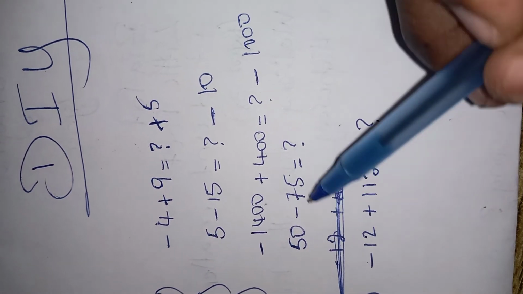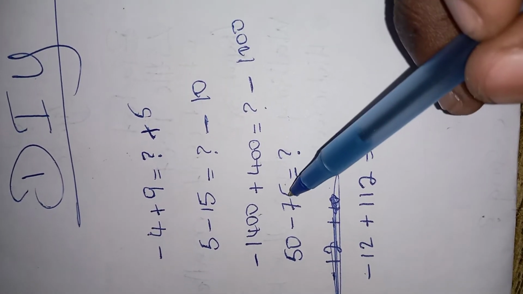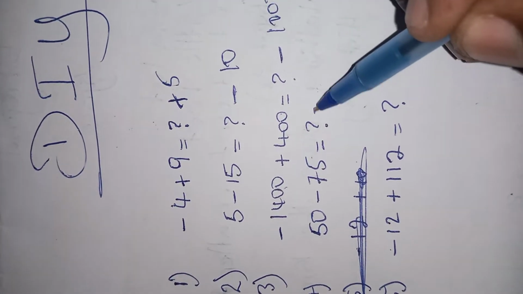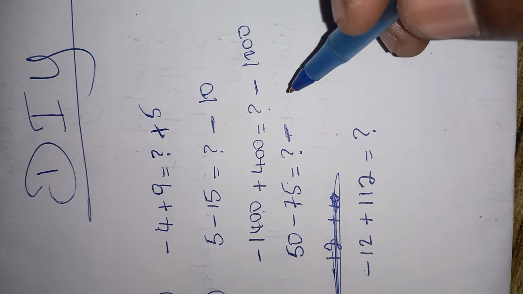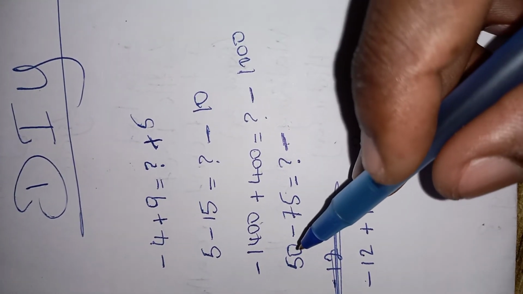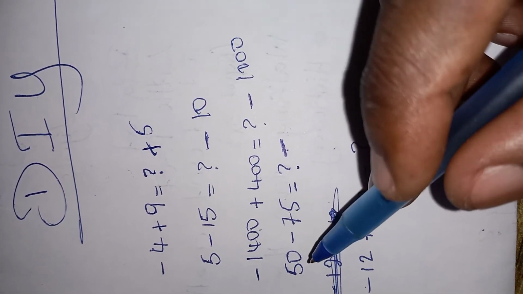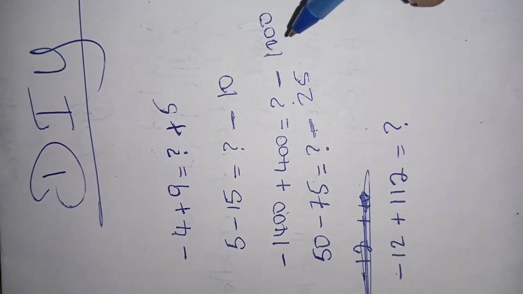Now, what sign is the answer going to carry? Definitely going to carry a negative, and we know why and how it carries a negative. What number is it going to carry? Remember, you move from Bigfoot to Littlefoot, and you subtract the little number from the bigger number, which is 25.